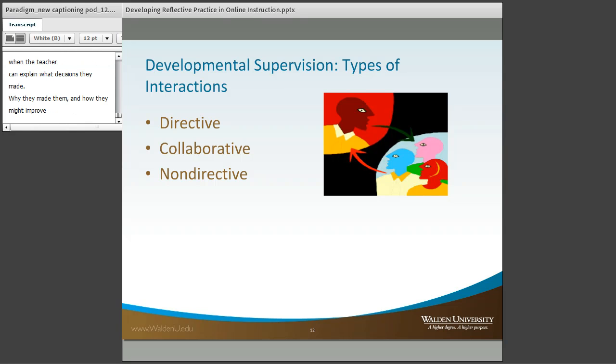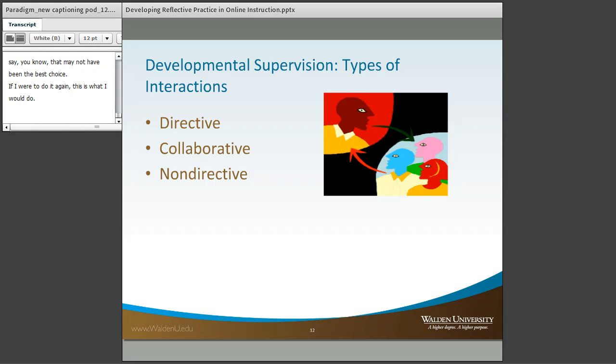In other words, we want to get people to a point where they can start analyzing their own teaching behaviors, and they can explain why they chose cooperative learning over think, pair, share, but they can at the end of that lesson say, that may not have been the best choice. If I were to do it again, this is what I would do.